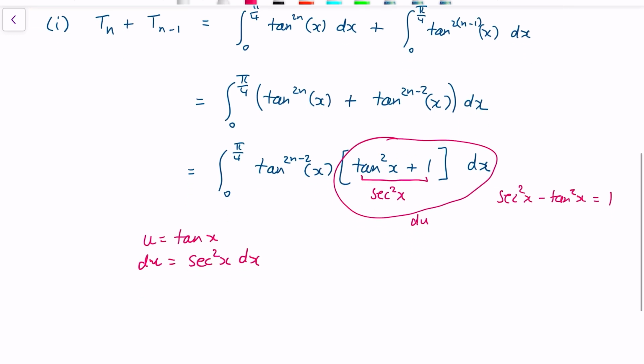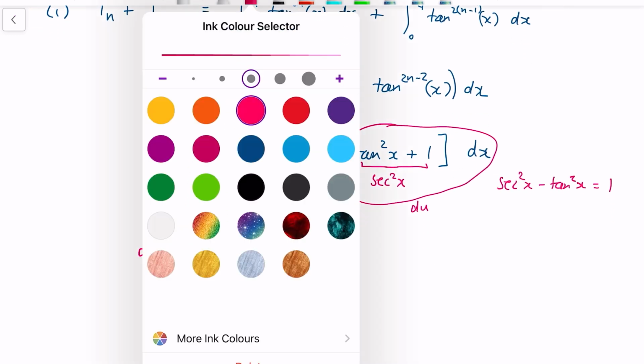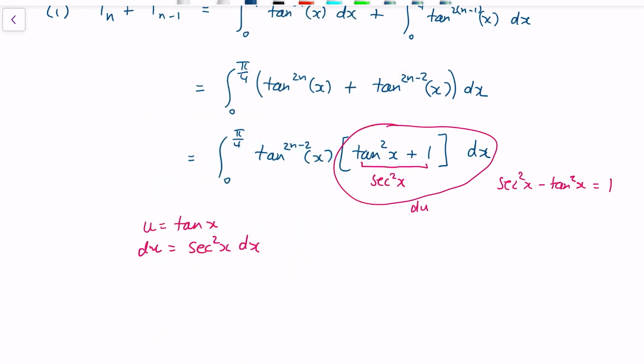And we're actually just integrating a very simple expression: the integral, I'll change the limits in a sec, of u to the power of 2n minus 2 du, because remember that u is tan of x. And the limits originally were x values.